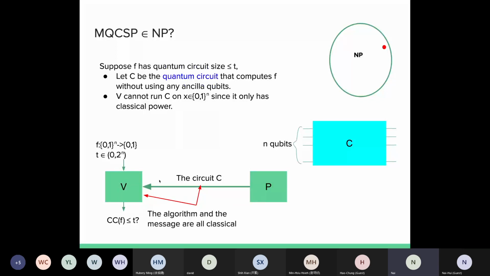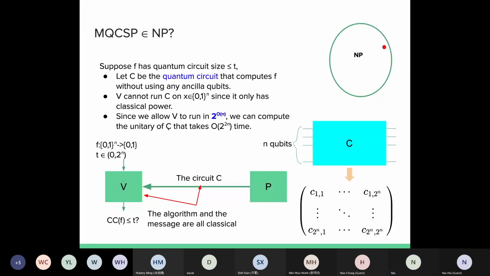But here, when the verifier gets the quantum circuit C, it cannot run C on the input, since it only has a classical part. Because for NP, we only consider a classical verifier. So he is given a quantum circuit C, but he cannot run the circuit. That's a problem. So how does the verifier compute it?